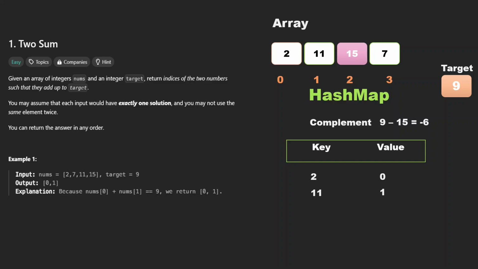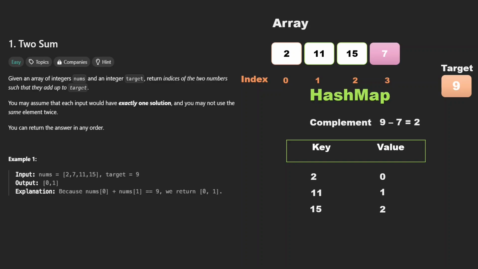It's not present, so we will add the value, which is 15, and index 2. Now again we will go to the next element, which is 7. We will again compute the complement. So 9 minus 7 is equal to 2.